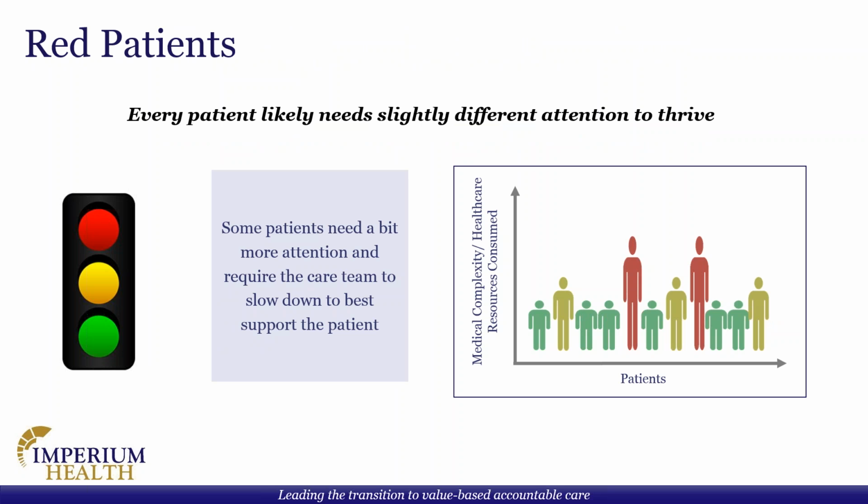We've shown this slide or some variation of this slide before, but it really reflects the changing needs of every patient. Some patients are going to utilize healthcare differently than their peers, and that might be okay, but it also might be something where we have an opportunity to step in and try to develop a more patient-specific care plan. Now, I'll commonly refer to patients using the red, yellow, or green stratification.